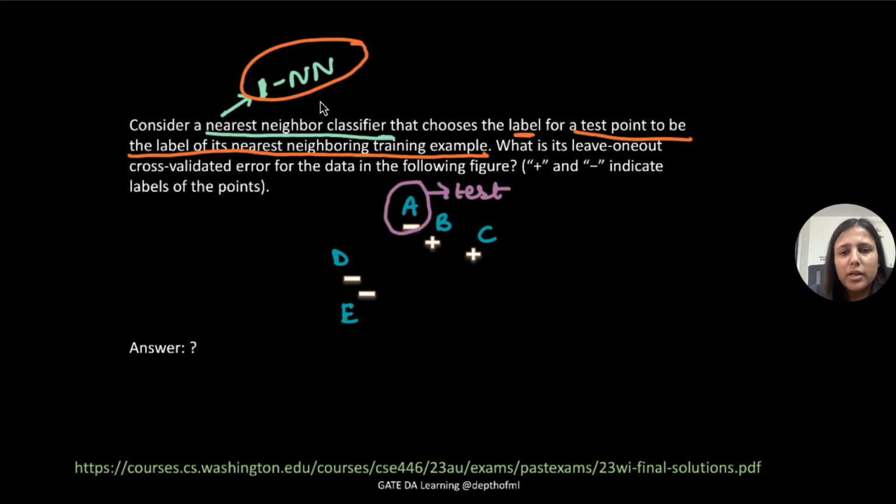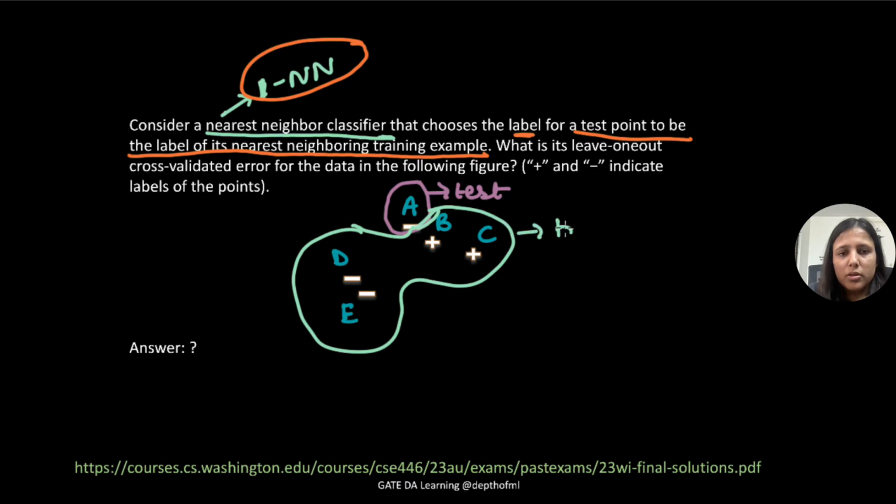Now point A is in my test, and these are all my training samples. So when point A comes in, I will find its nearest neighbor.